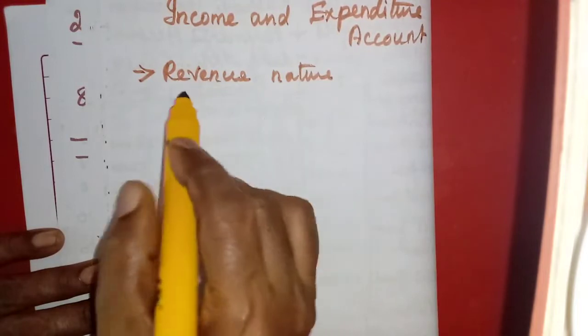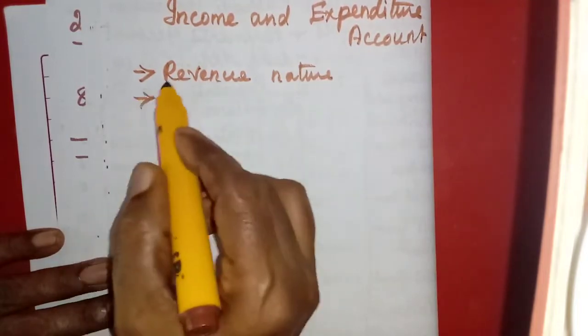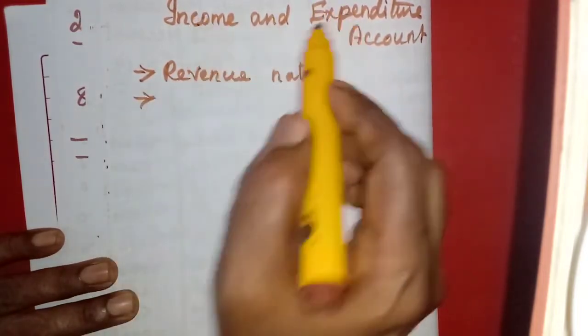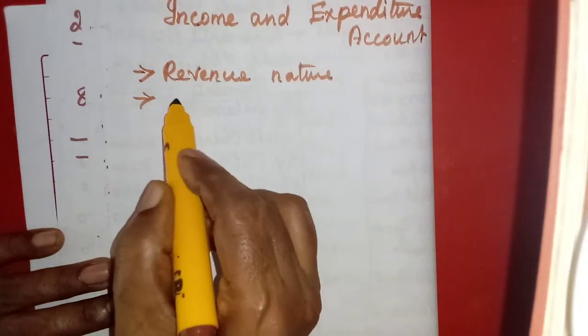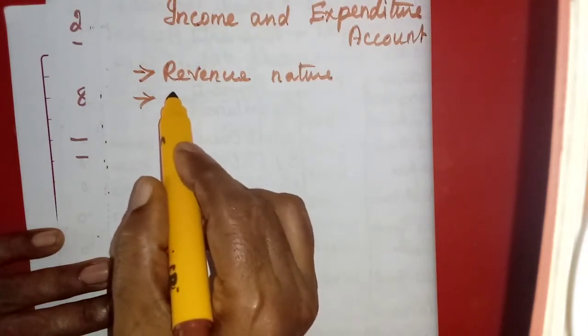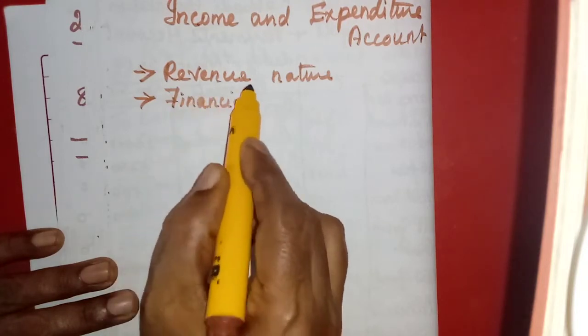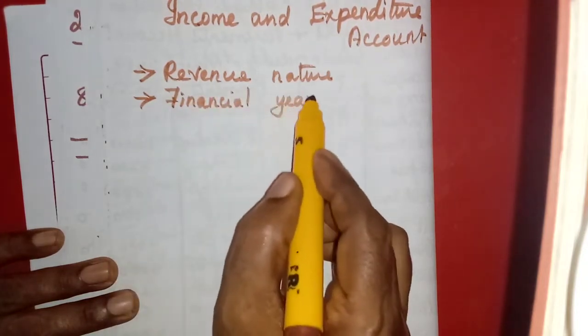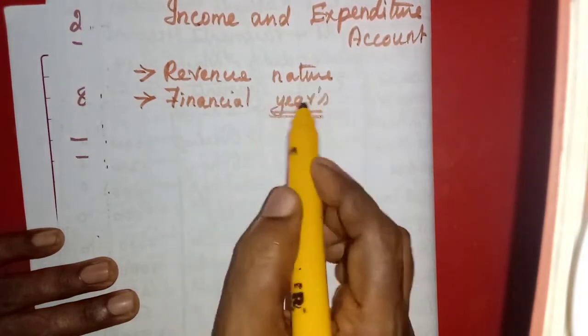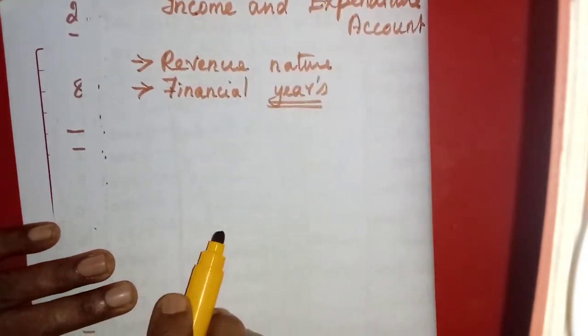Both income and expenditure are related to that financial year, so only that financial year's income and expenditure must be entered.